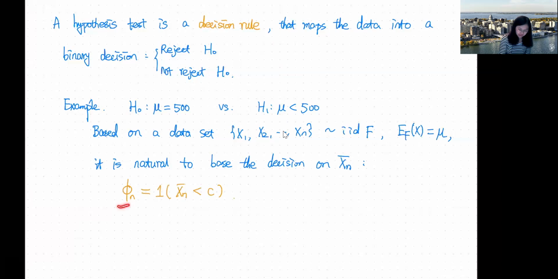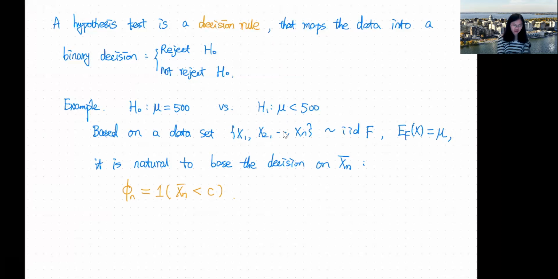Now, this is the usual notation for a hypothesis test. The hypothesis test is a binary decision rule. In mathematics, it is a binary random variable, a Bernoulli random variable that takes a value 1 or 0. The value 1 indicates that you reject the null hypothesis, and the value 0 indicates that you do not reject the null hypothesis.